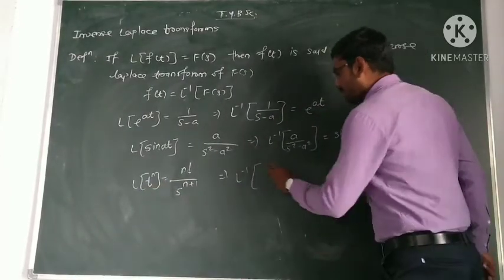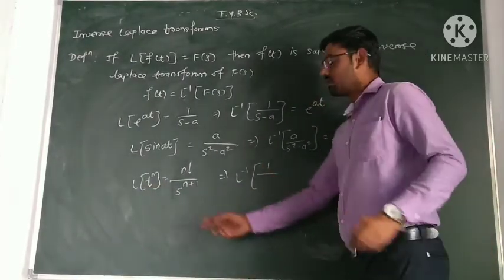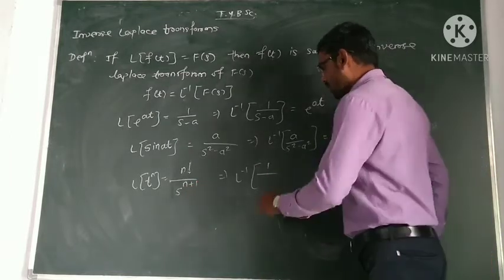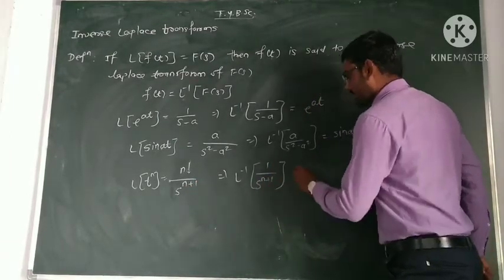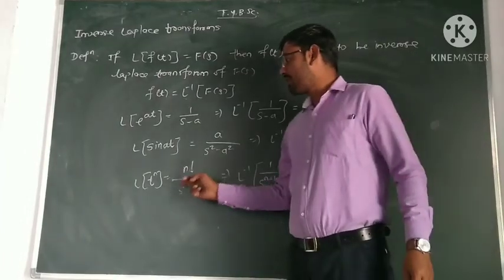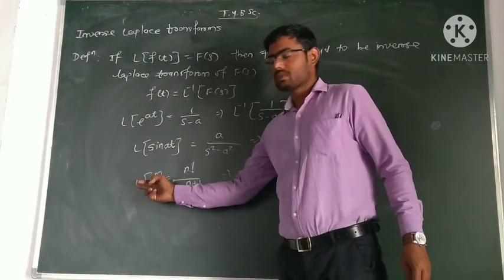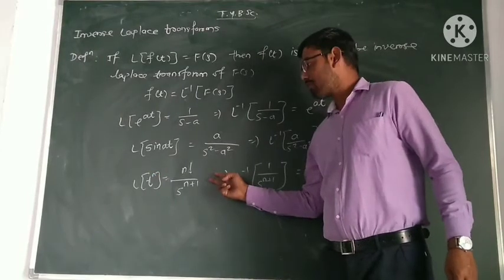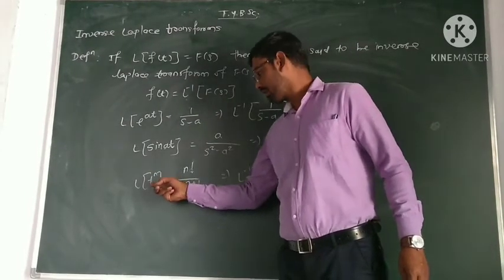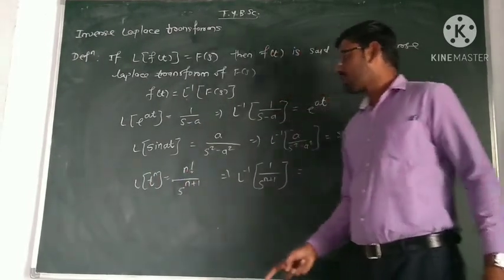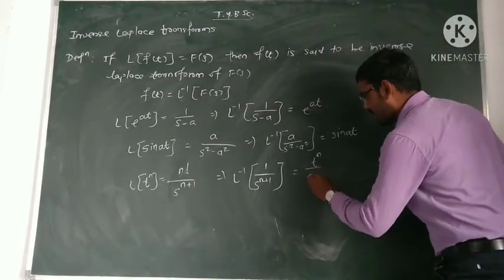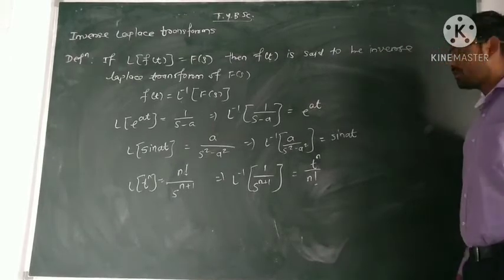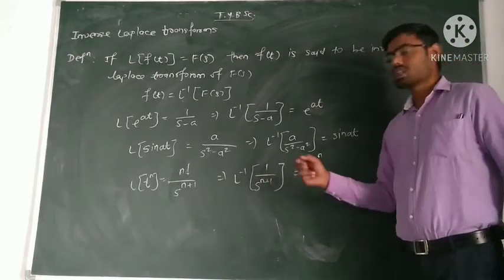So we write the inverse Laplace transform, because we already want the function of s, so write 1 upon s raised to power n plus 1 is equal to, transfer the same pattern to here. Here the Laplace transform now becomes the inverse Laplace transform. So here remains t raised to power n and n factorial goes to the denominator. So this is equal to t raised to power n upon n factorial. This is the inverse Laplace transform of 1 upon s raised to power n plus 1.